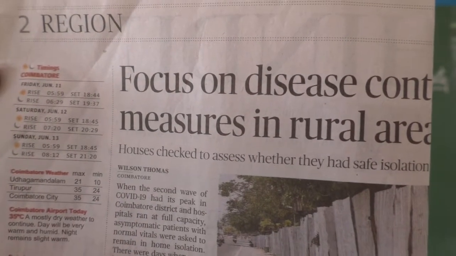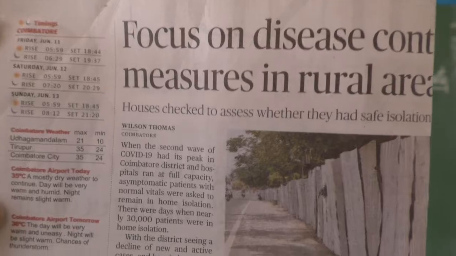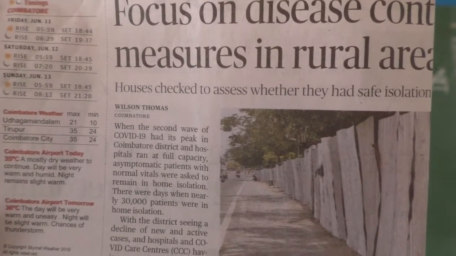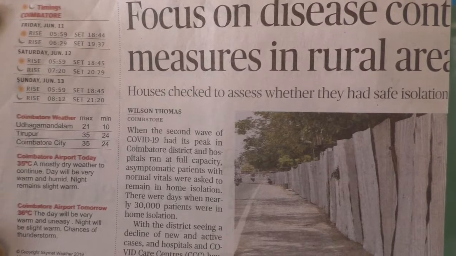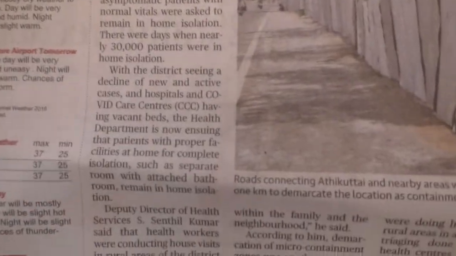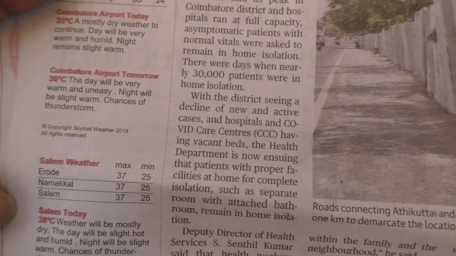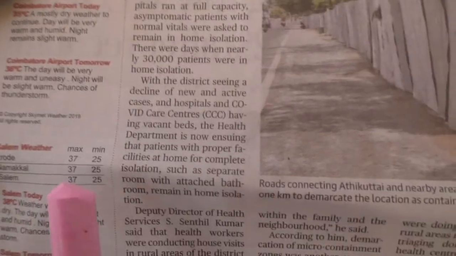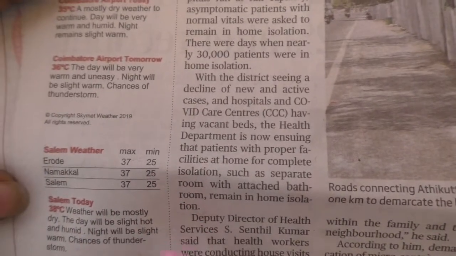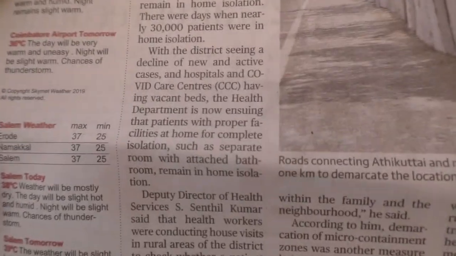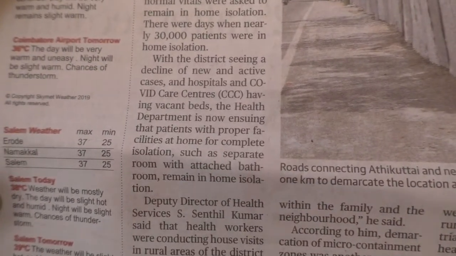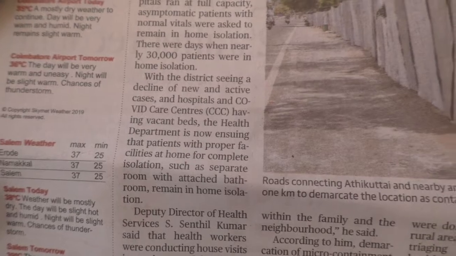Then in the Coimbatore newspaper, they have given 35 degrees Celsius. About Salem also they have given. See, maximum temperature and minimum temperature also they mention, isn't it? 38 degrees Celsius on June 11.